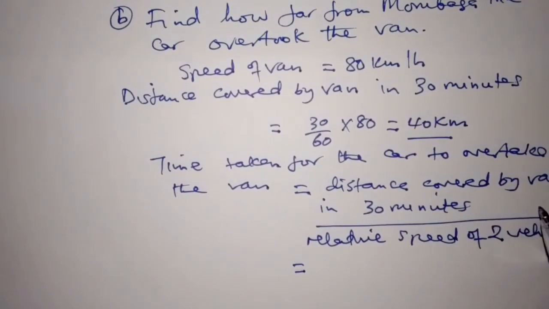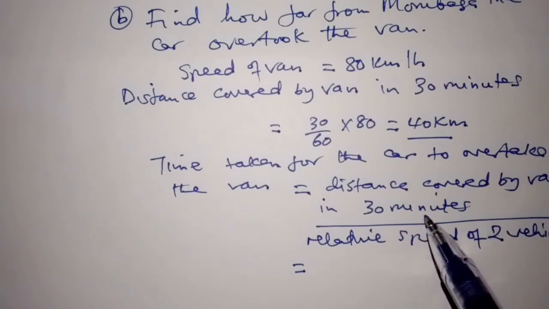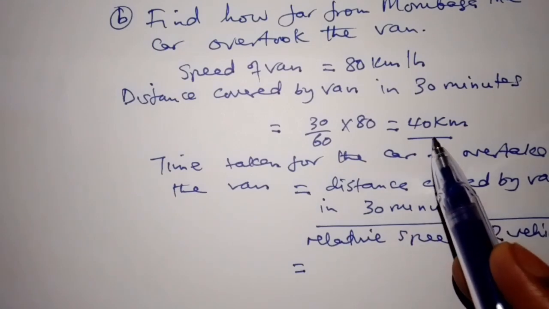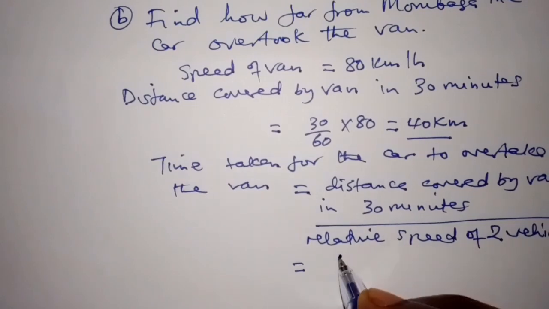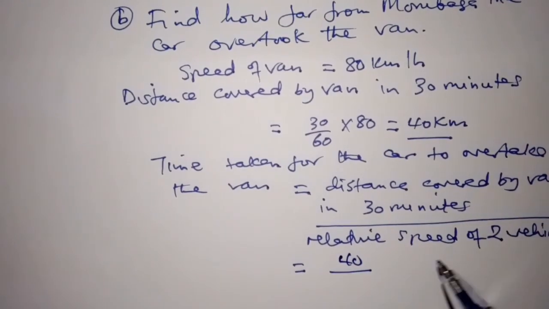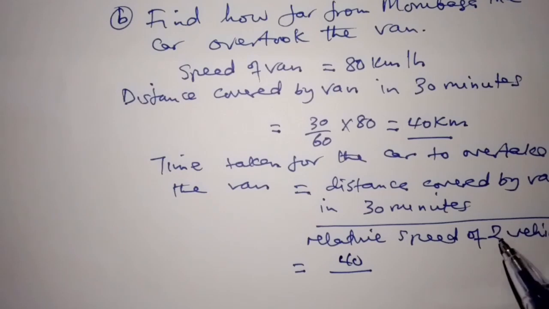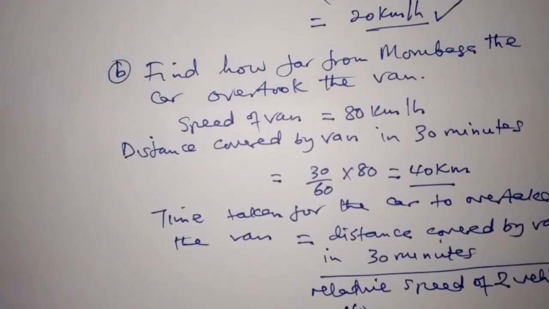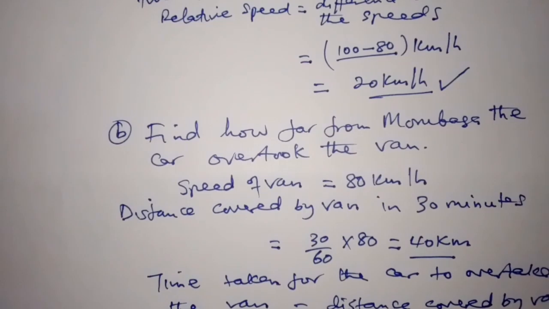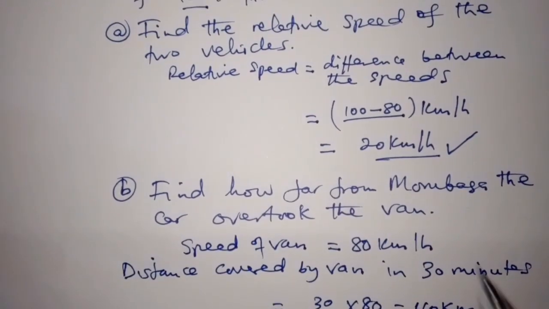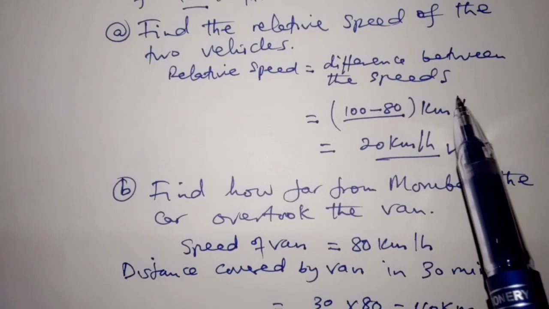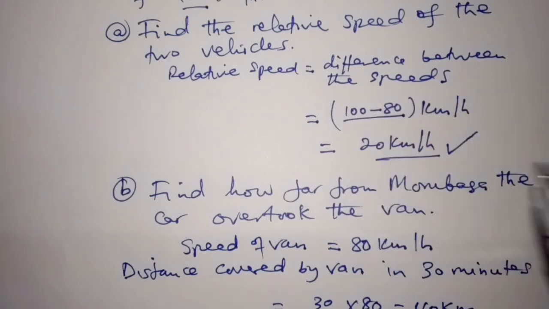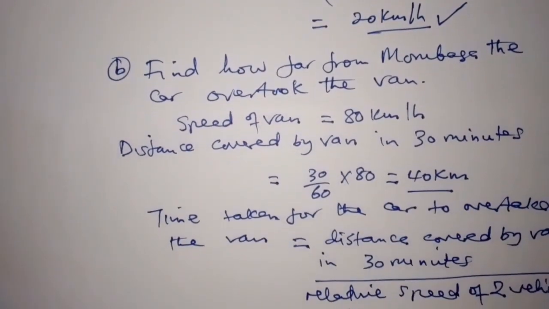Distance covered by van in 30 minutes, we have found it to be 40 kilometers. Relative speed of two vehicles, we found it to be 20 kilometers per hour.